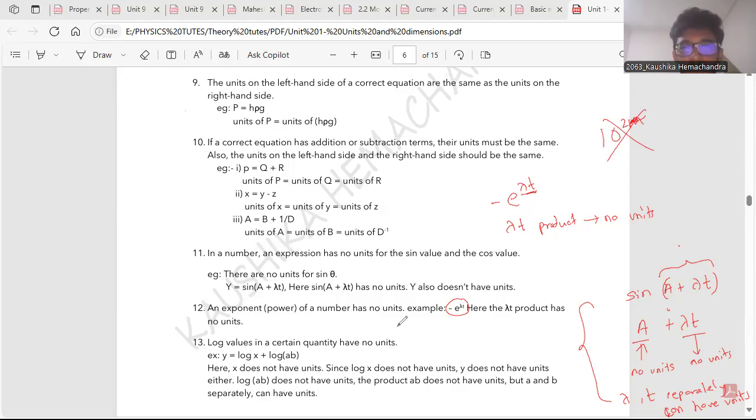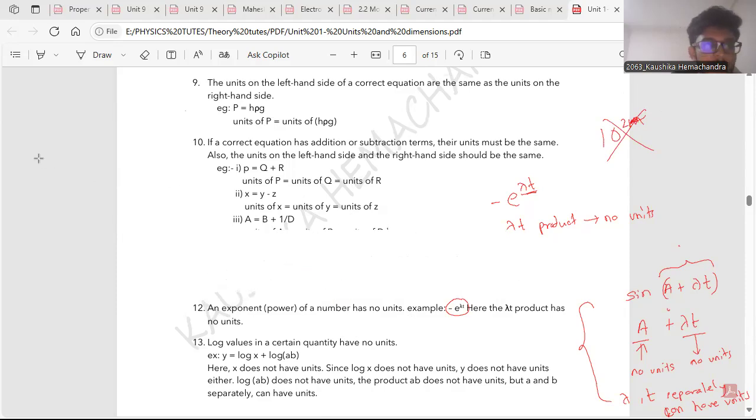And log values also have no units, right? So they have taken this equation. Y is equal to log x plus log AB. So x cannot have units.